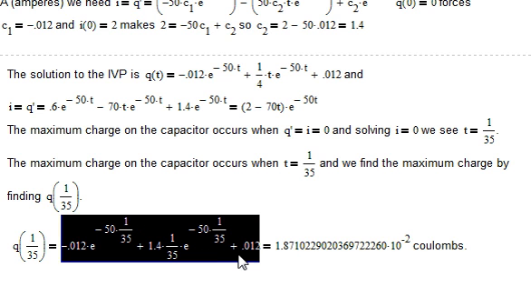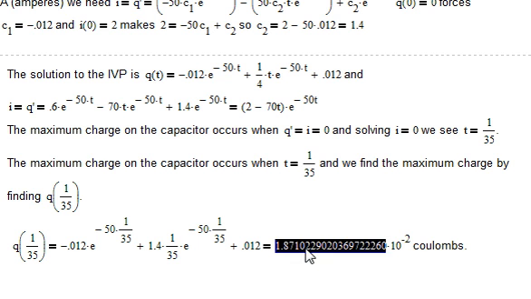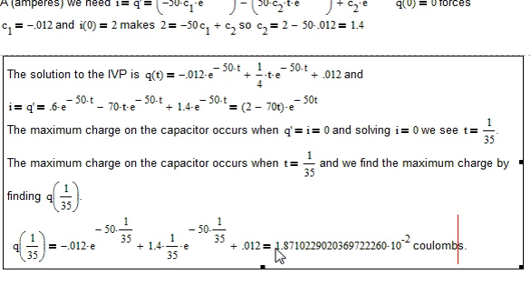And if you just do the math on this, which is really just a huge arithmetic problem I would do with a calculator, I use my software. And so I got, it's actually 0.01871 blah, blah, blah, blah, coulombs. Right? So that would be what it really is.